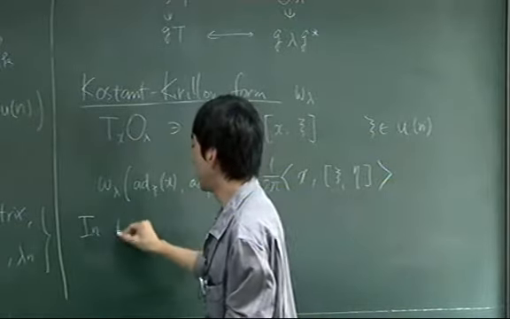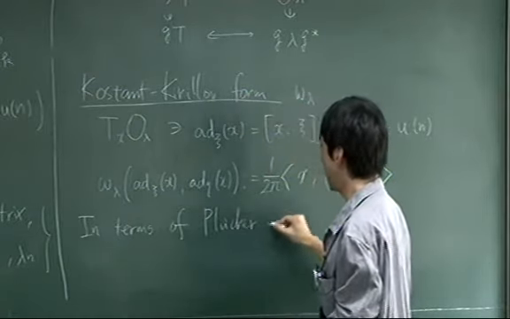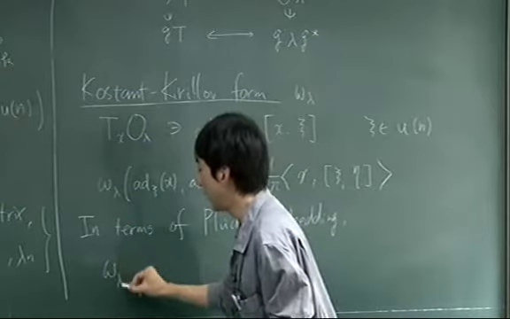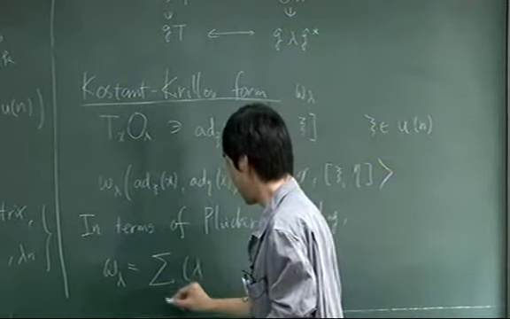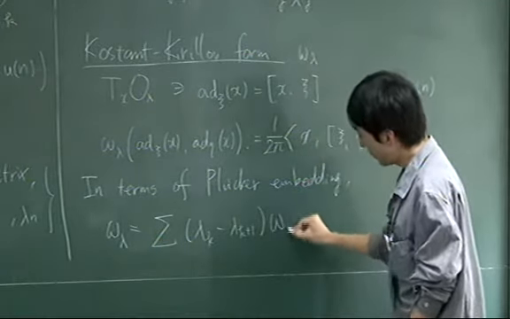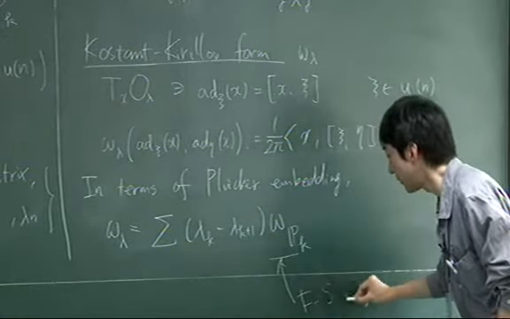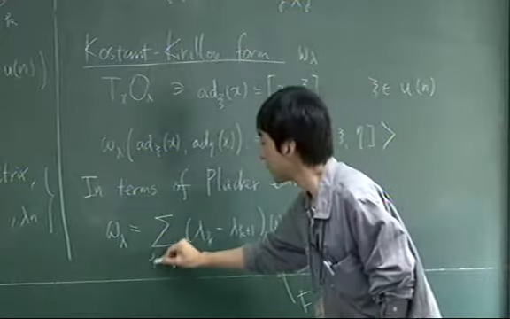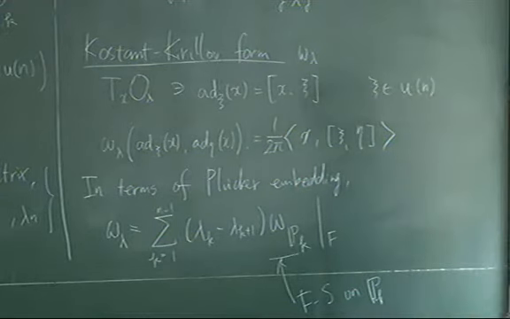In terms of the Plücker embedding, this form can be expressed as a sum of terms lambda_k minus lambda_{k+1} times the Fubini-Study form on P_k, restricted to the flag manifold. This is the Kirillov-Kostant form.